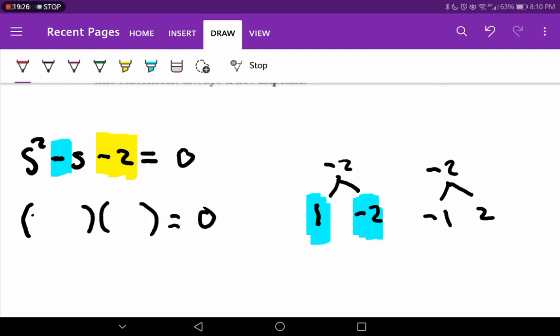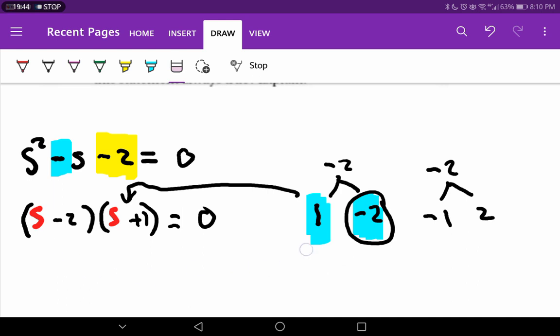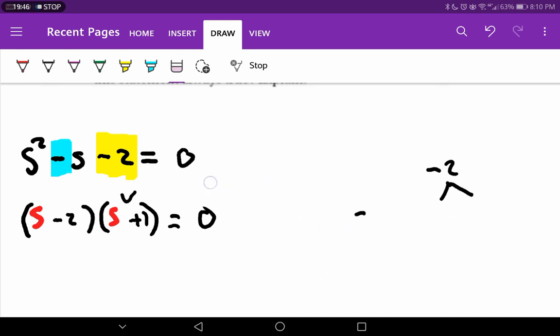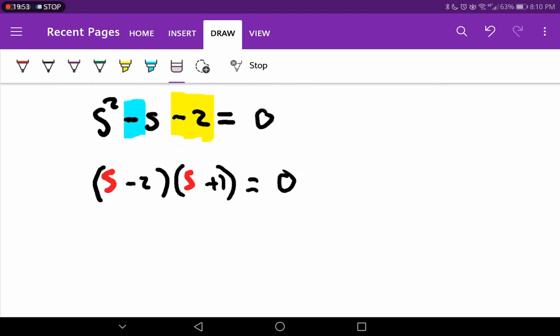I write s here, and s here, and negative 2 here, and plus 1 here. From where do you get this, teacher? This one is here, I write it, and this one is here for more information. Okay, I know, but just to remind you, my dear students, calm down and everything will be beautiful.